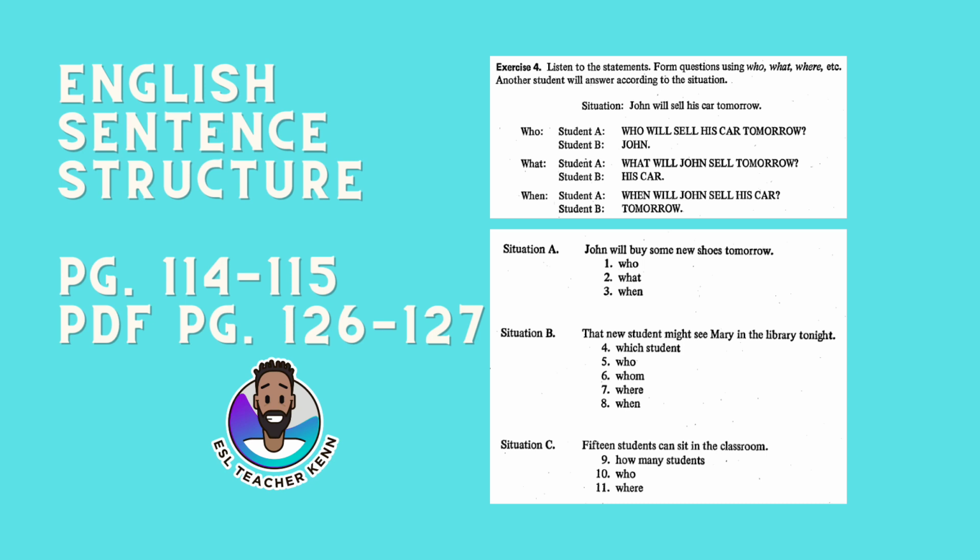The question with what is, what will John sell tomorrow? And the answer is his car. While the question with when is, when will John sell his car? And the answer is tomorrow. So, both the question and the answer will be found on the same sentence.